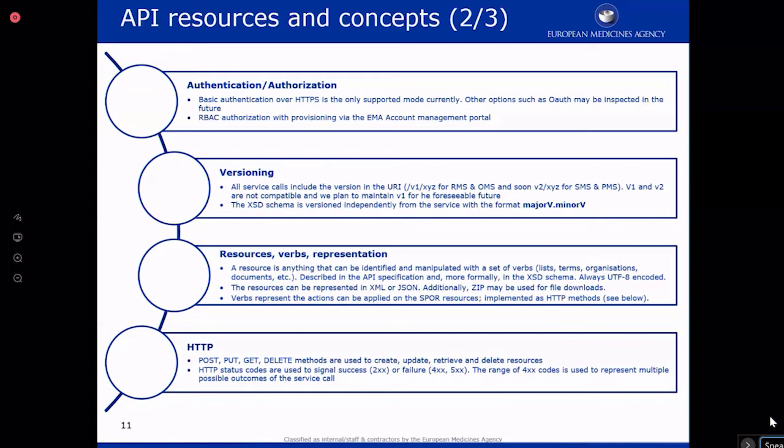For the versioning, as I mentioned, the SPOR API V1 refers to the RMS and OMS, and the V2, which has completely different specification and payloads, is the one that is going to be used for SMS and TMS once that is available. These V1 and V2 are not compatible with each other, and we plan to maintain V1 for the foreseeable future. There's no plan actually to withdraw or make obsolete this version.